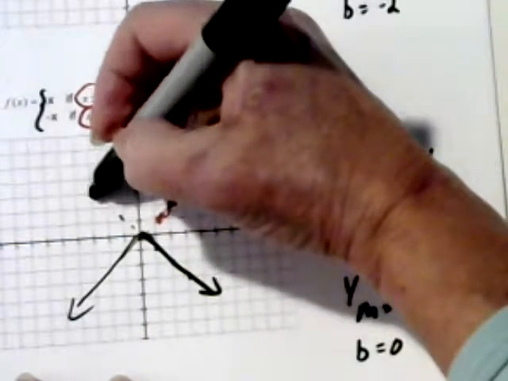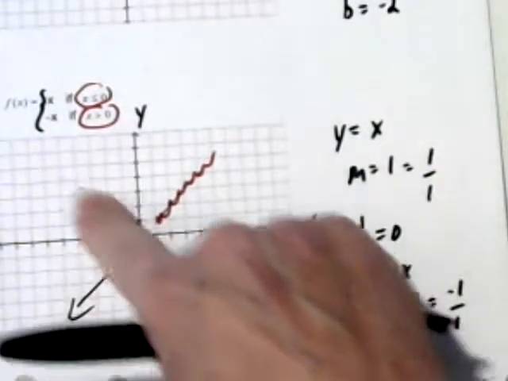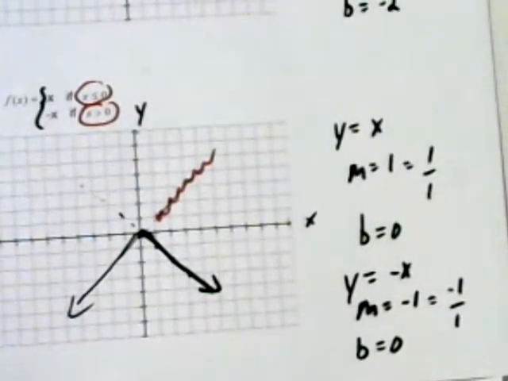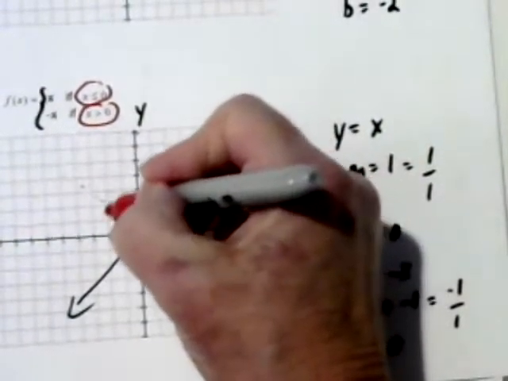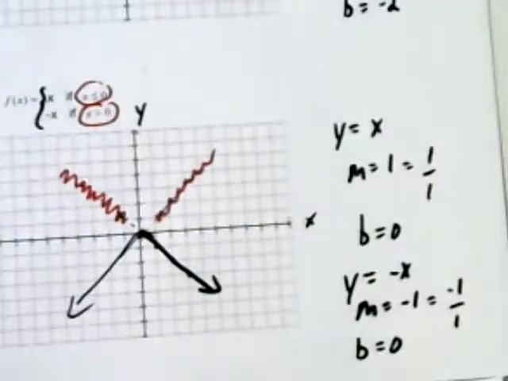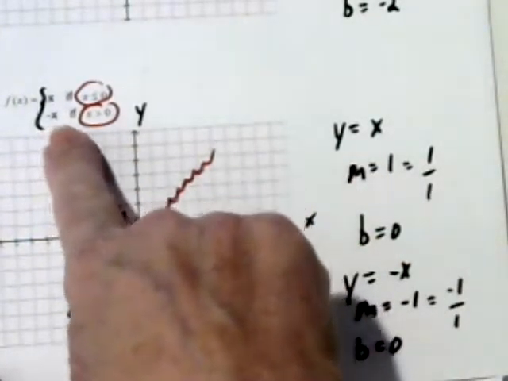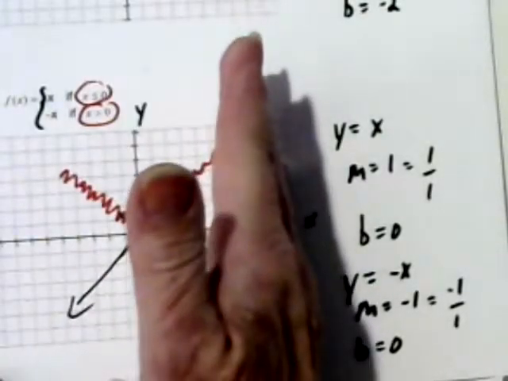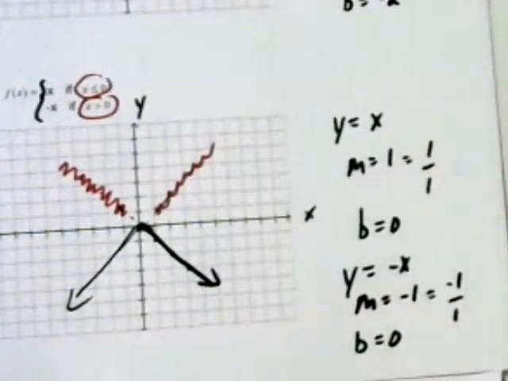And if we were to continue the line, this would be our entire straight line. As in the first piece of this function, we're not going to consider that because this negative x only happens for x greater than 0.